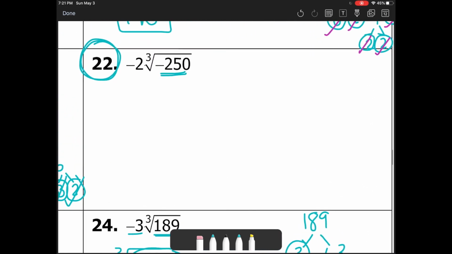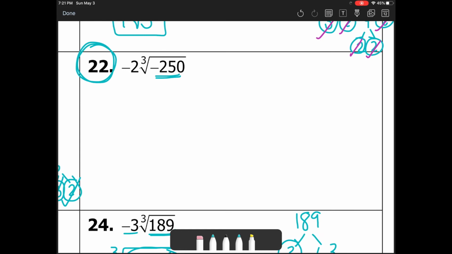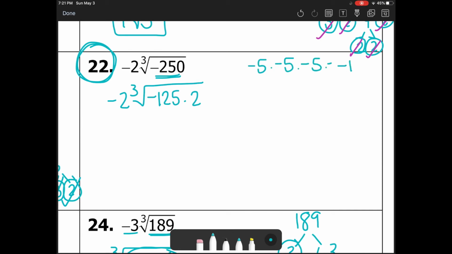So here's what I want to do. I'm going to know that this is really -2 cubed root of -125 times 2. And I'm putting the negative on the 125 and not the 2, because the 125 is a perfect cube. And I know that -5 times -5 times -5 is -125, because +5 times +5 times +5 is +125, okay?